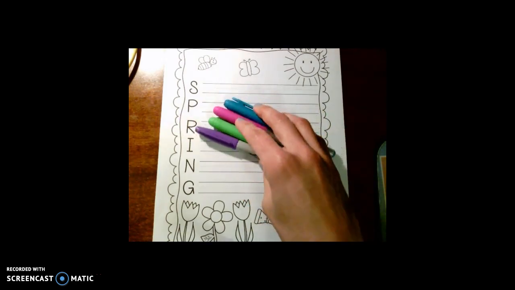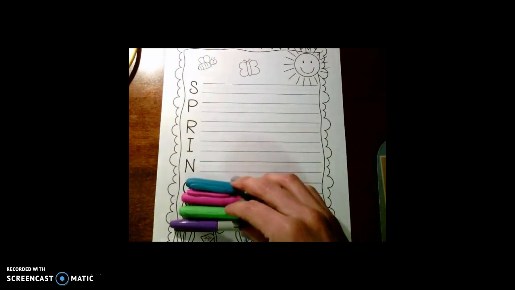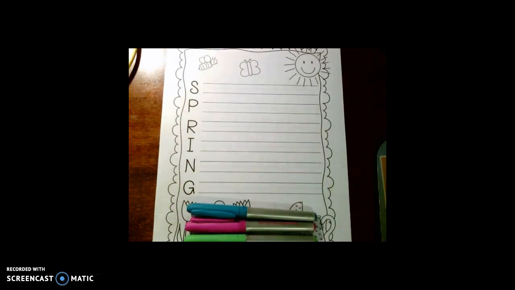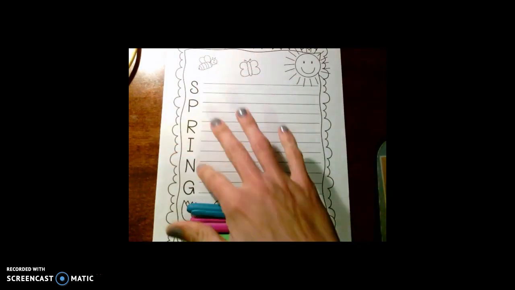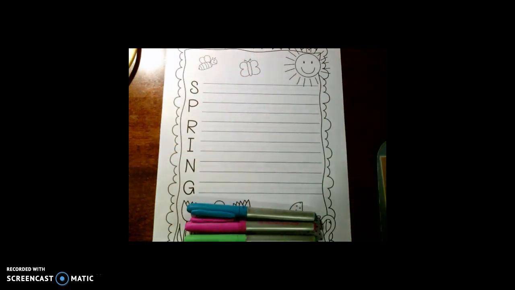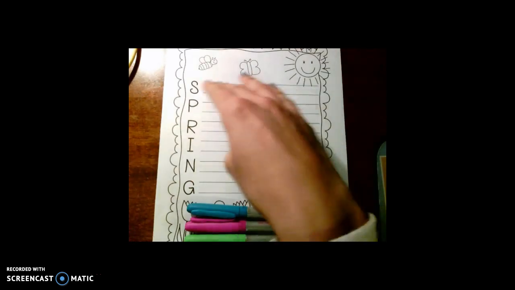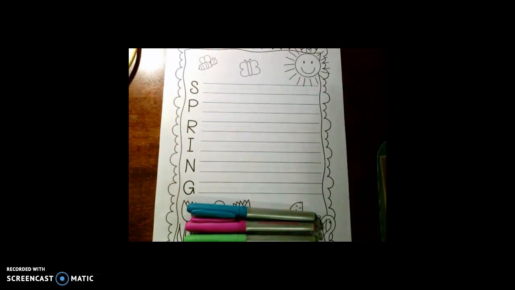So I'm going to write with markers now. In our writing packets, we have some things like this where it gives you a prompt. We have some papers where they just have designs like this and lines and they're blank for you to do whatever you want with. And those just make writing more fun than just writing on blank paper or a notebook every day.